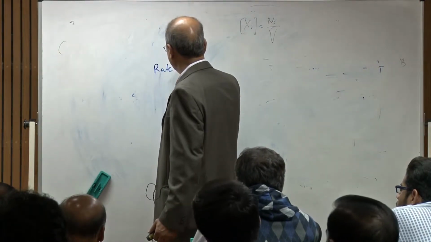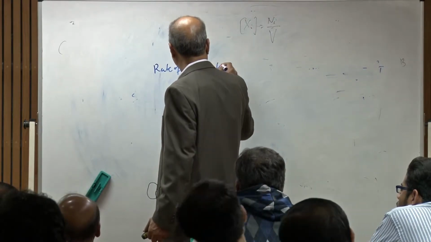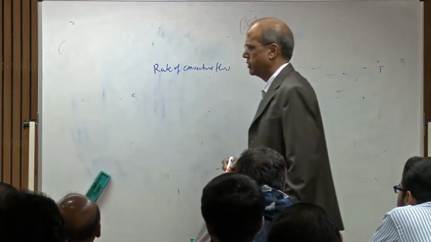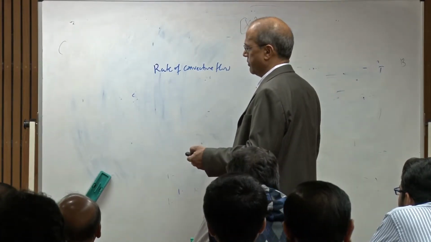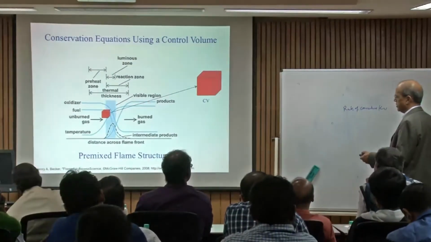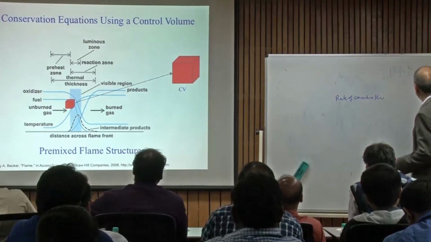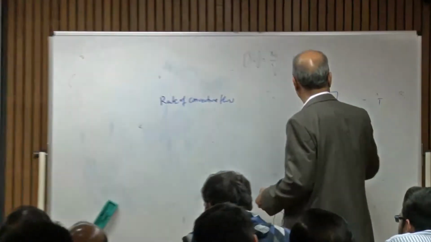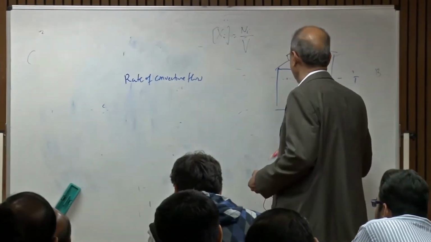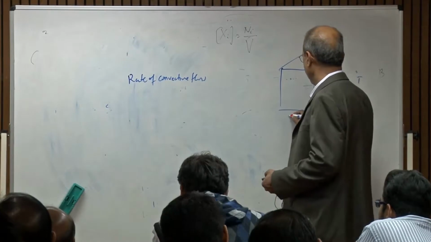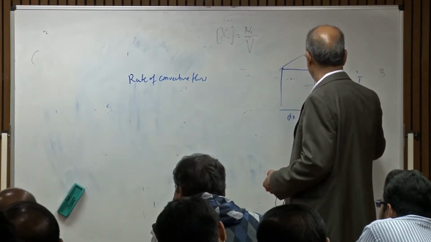So, the rate of convection, the convective flow. If you take this control volume, or this zoomed view, at this face, you take a small control volume, which is dx dy dz.